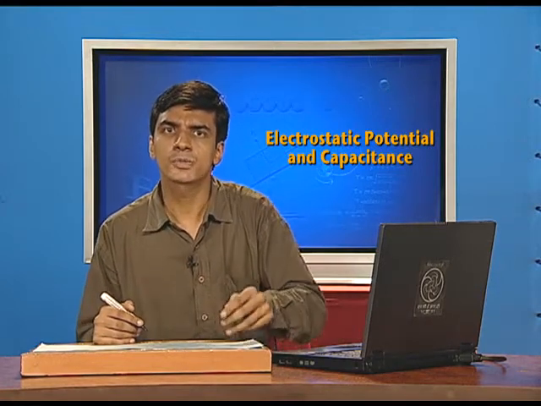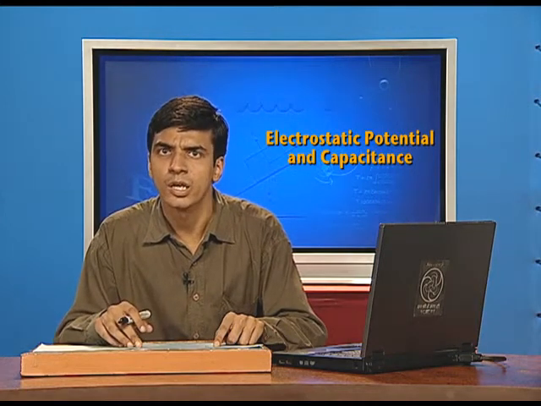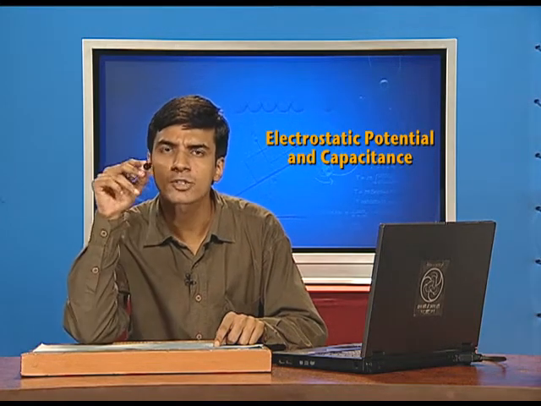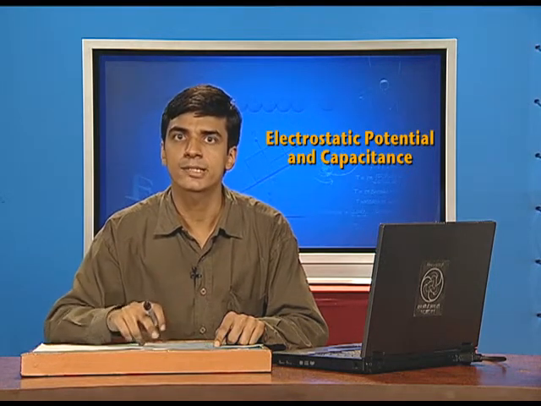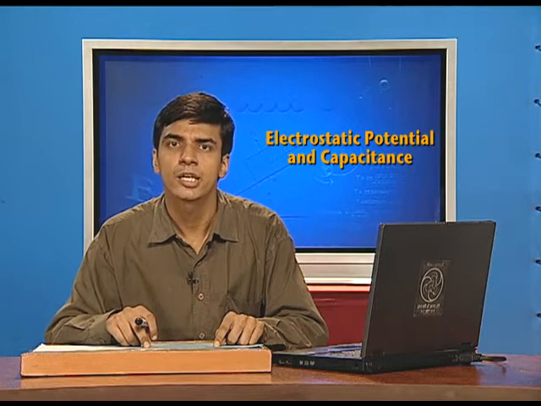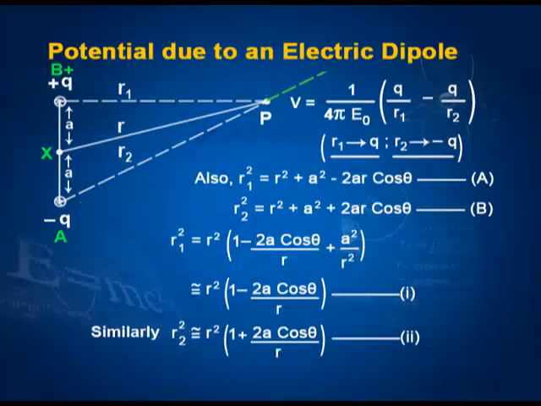Due to this positive charge at B, there will be a repulsion, so it will be minus 1 by 4 pi epsilon naught times q, and since I have taken it as a unit charge, it will be simply 1 by r1. This one is the negative charge, it will attract, so the force will be positive.